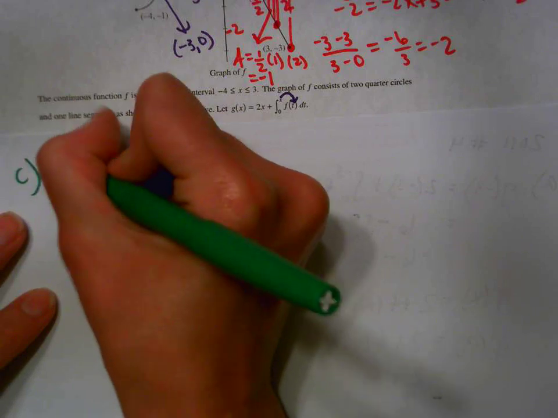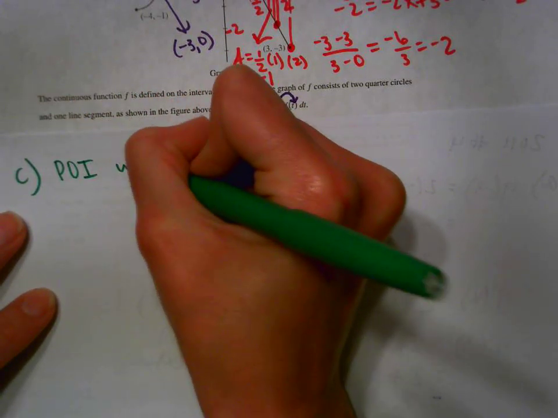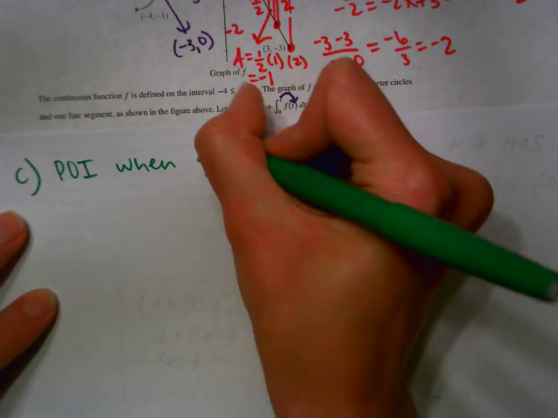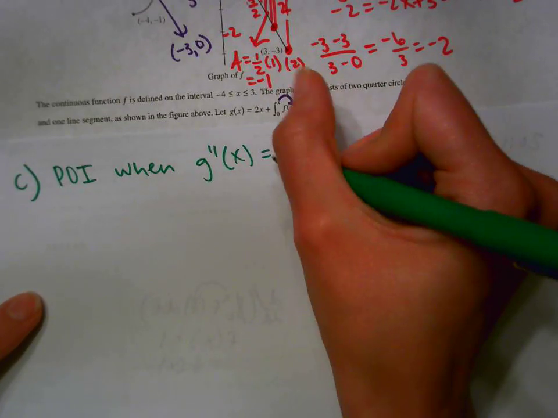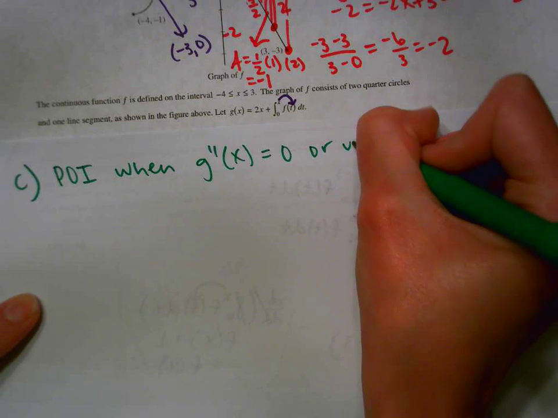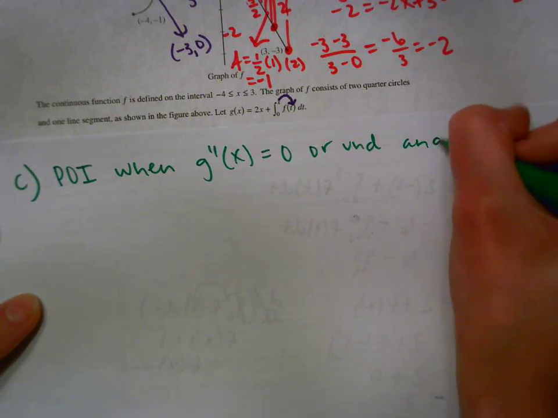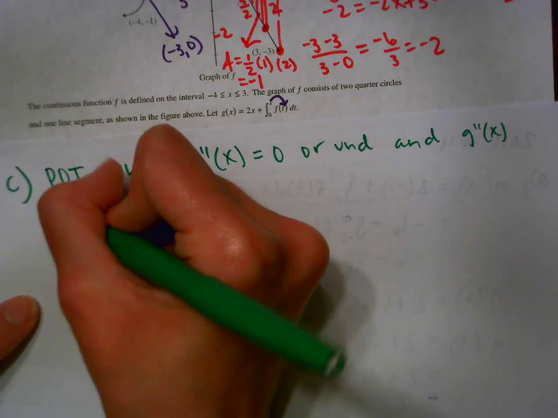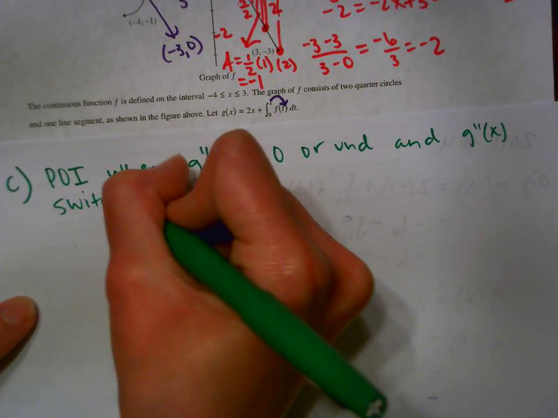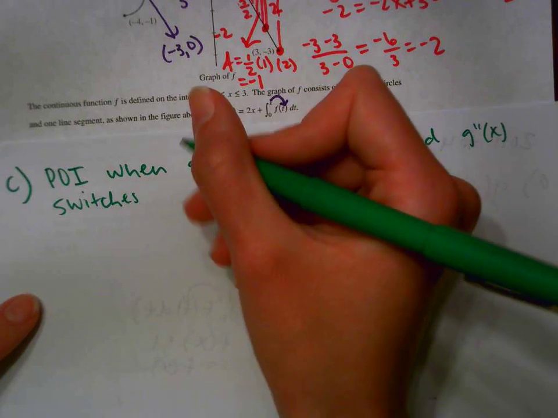You're going to have a POI when g double prime is 0 or undefined, and to be a point of inflection, g double prime switches signs, right? It goes from positive to negative, or negative to positive.